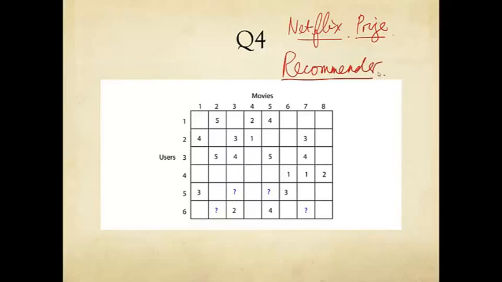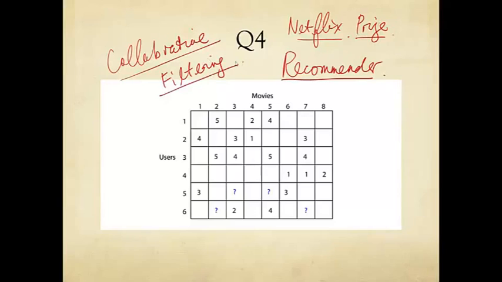We're going to define what is the job of a recommender. Specifically in Netflix's case, what is the figure of merit? How can you compare one recommender's performance versus the other? And it turns out a powerful idea in the winning solution of the Netflix Prize is collaborative filtering. It leverages the fact that different users have similarities in their behavior and their tendency to like or dislike certain movies.